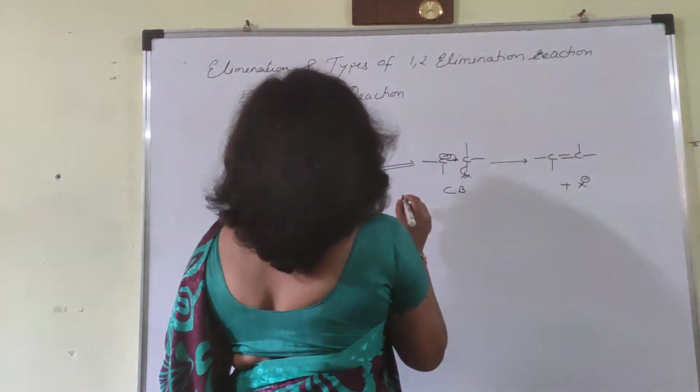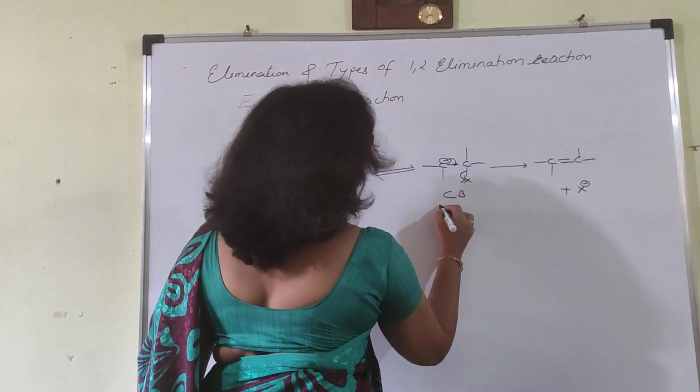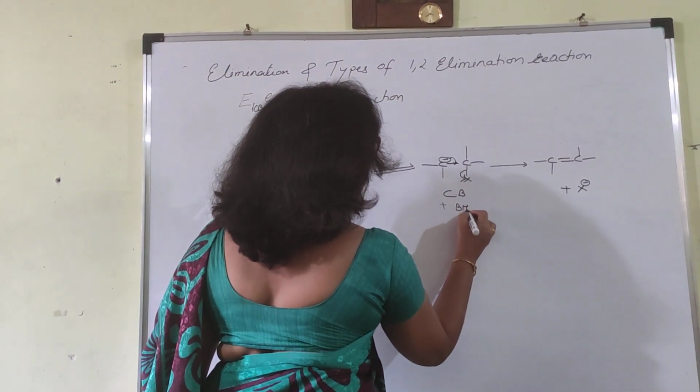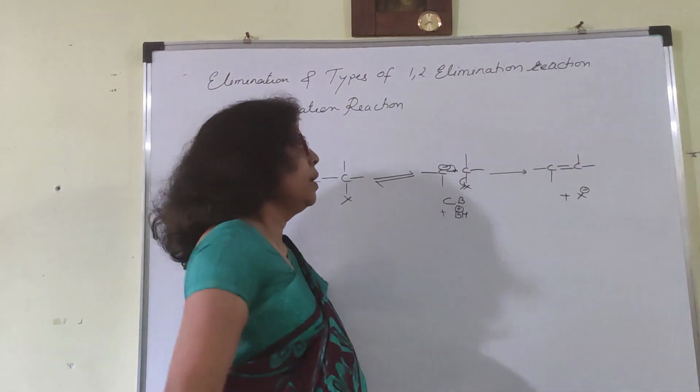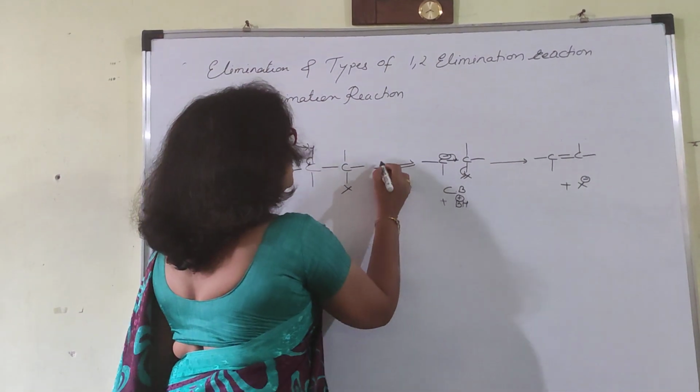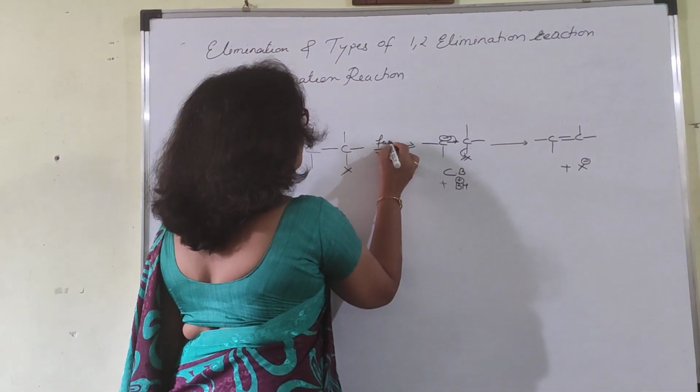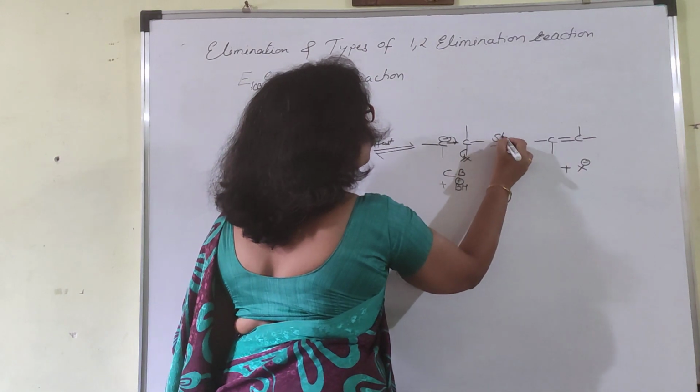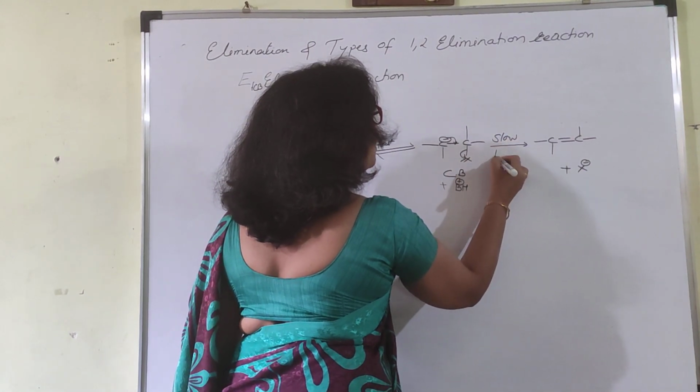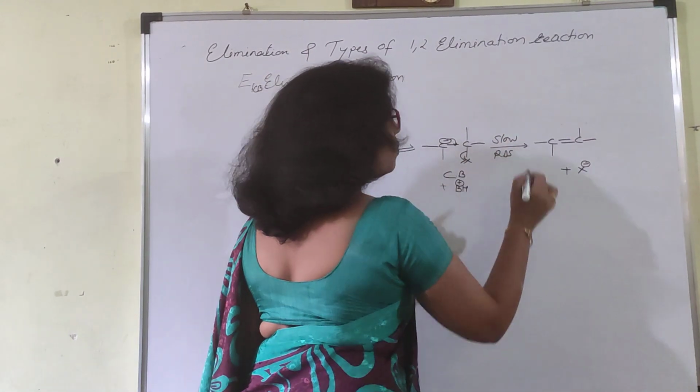So here you have this plus H. Now this is a fast step, whereas this is the slow step, or you can call it the rate determination step.